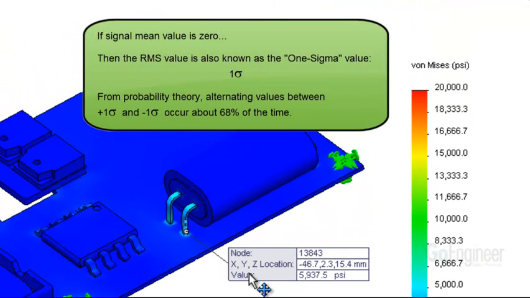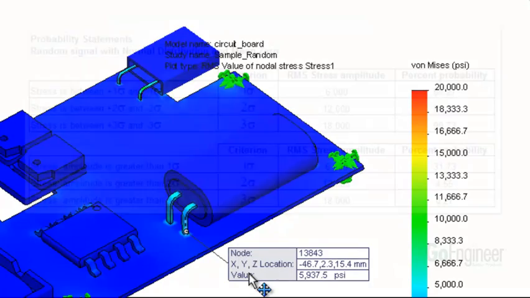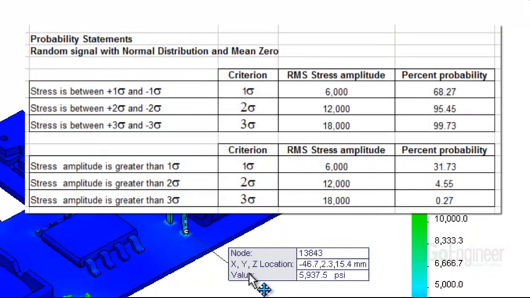If the average or mean value is 0, then the RMS value is also known as the 1 sigma value. From probability theory, alternating values between plus or minus 1 sigma can occur in the structure about 68% of the time. This table summarizes the probability statements you can make about the RMS results.